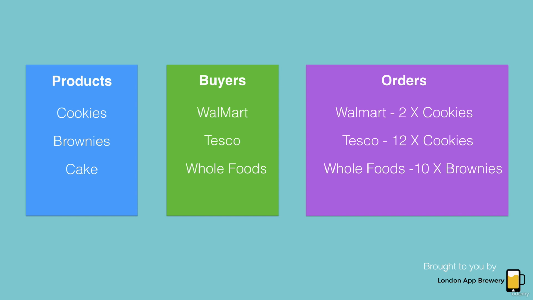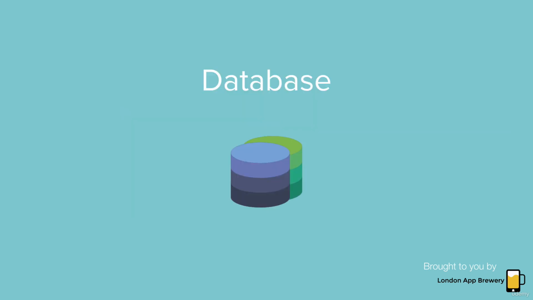Because when you have an order for 2 batches of cookies to Walmart, you need to pull out data from the products table for the cookies, and you need to pull out data from the buyers table for Walmart. So you now need to establish relationships between the tables. And this is when you will need a database.